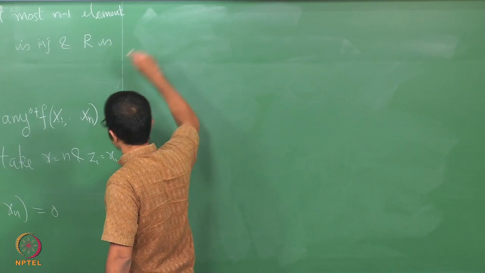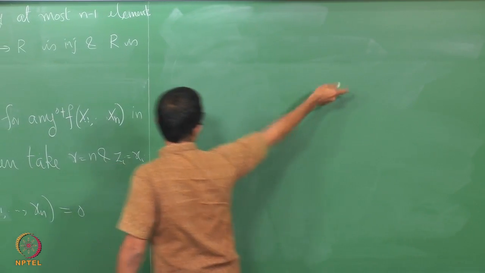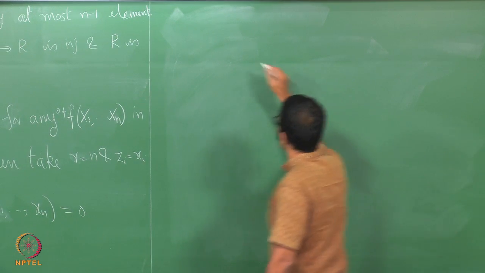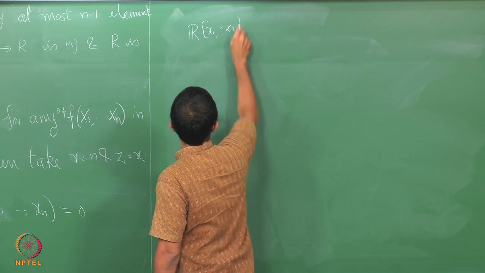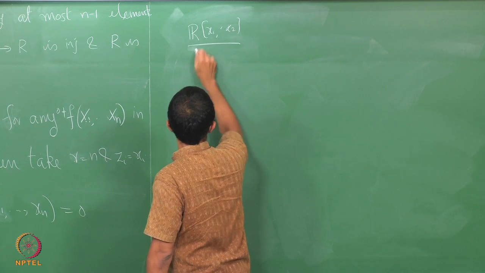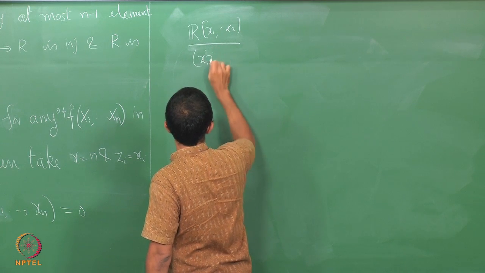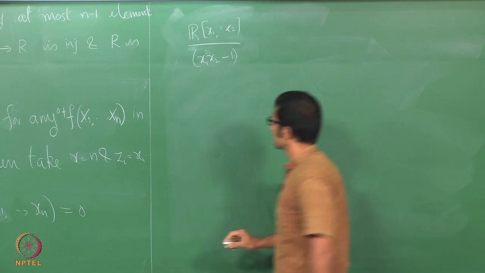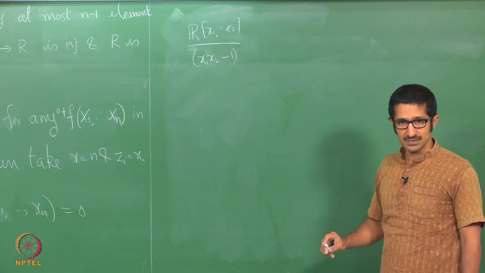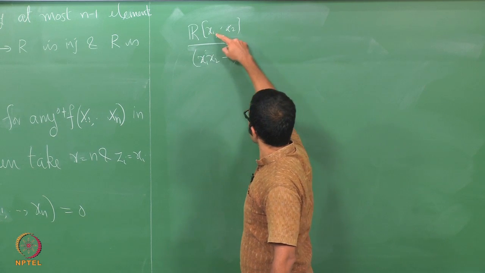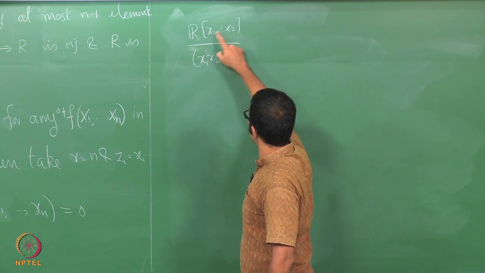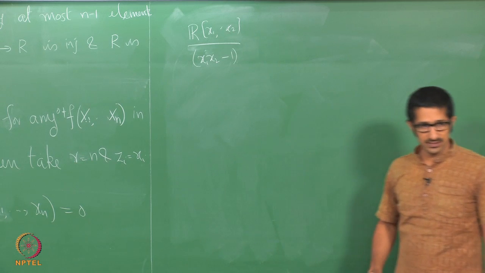But then, as we saw in the earlier case, for example in the case of R x 1 x 2 modulo x 1 x 2 minus 1, in this case neither x 1 nor x 2 is integral over this.